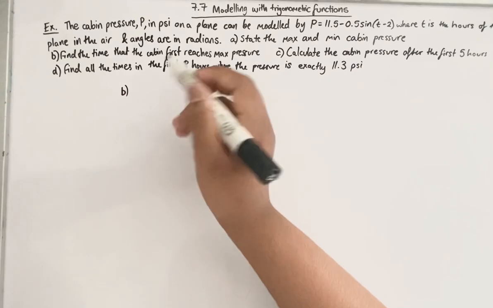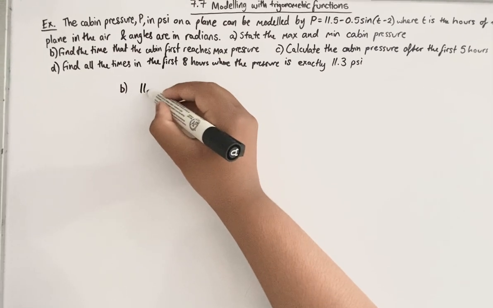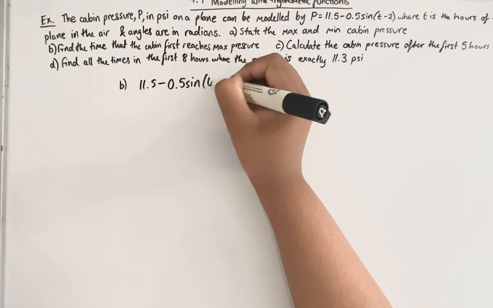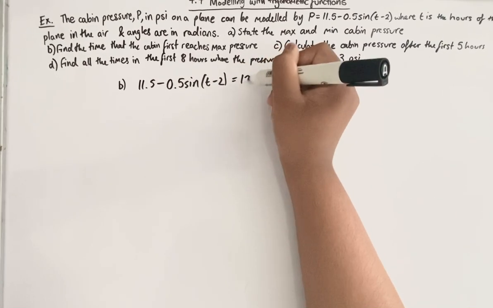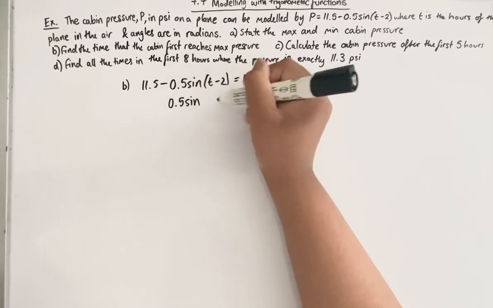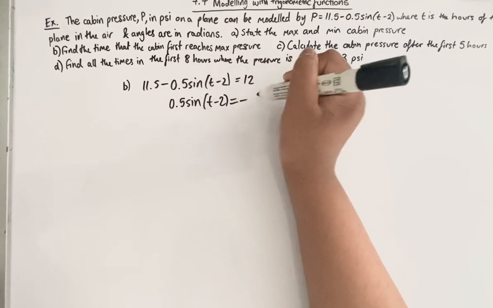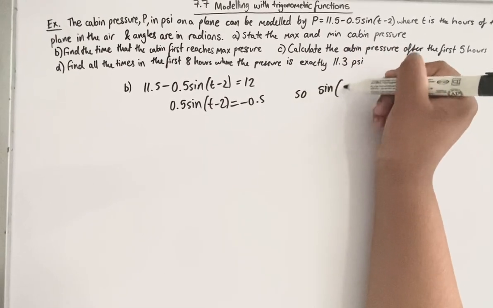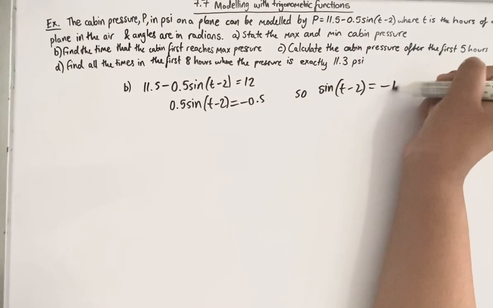For part B, we know from part A that 11.5 minus 0.5 sine of (t minus 2) is equal to 12 psi. Rearranging, we get 0.5 sine of (t minus 2) is equal to minus 0.5. So sine of (t minus 2) is equal to minus 1.